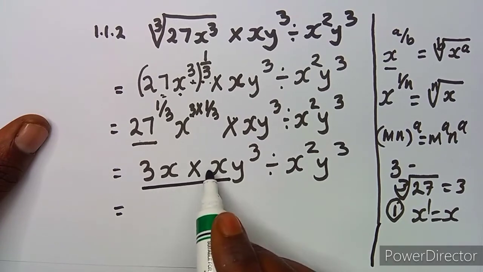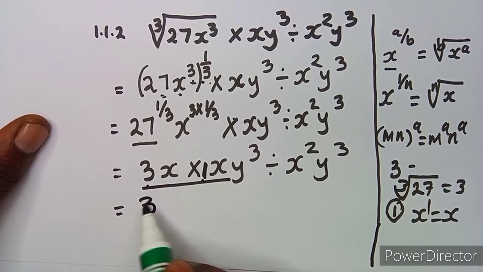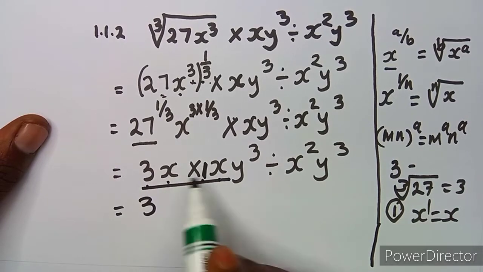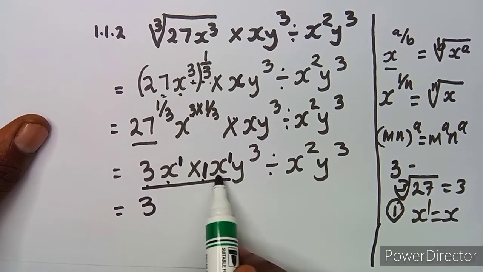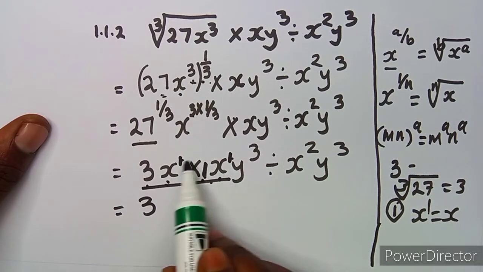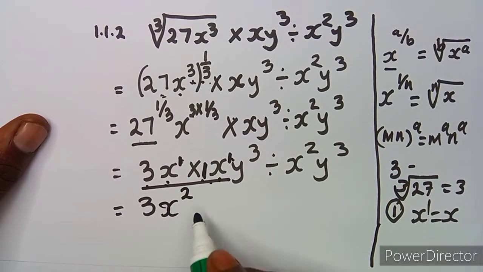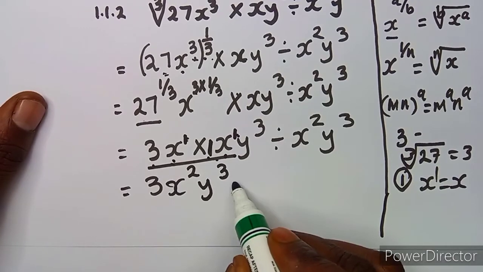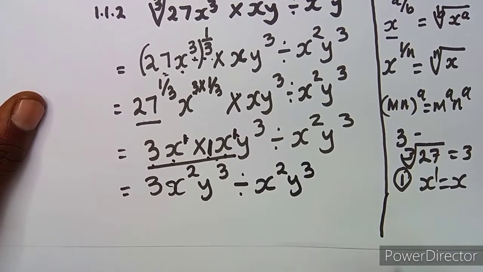So it's 3 times 1, which is 3, x times x. This is x to the exponent of 1, x to the exponent of 1. So the bases are the same, you're going to add the exponents. So it's 1 plus 1, which is 2. So it's x to the exponent of 2, y to the exponent of 3.